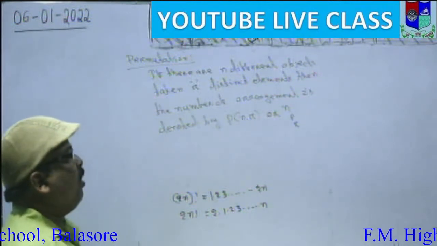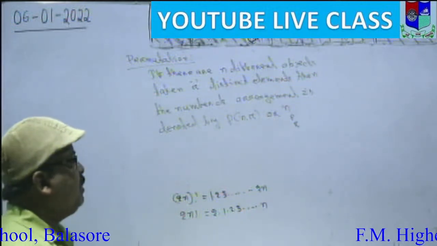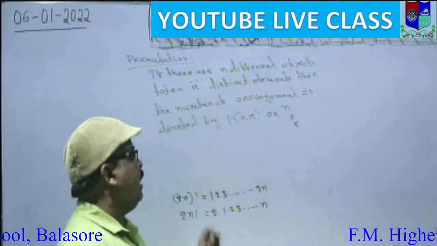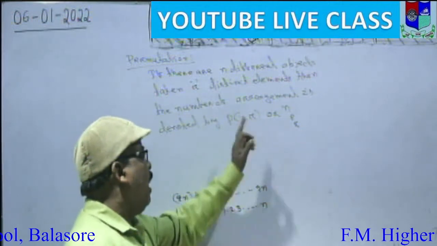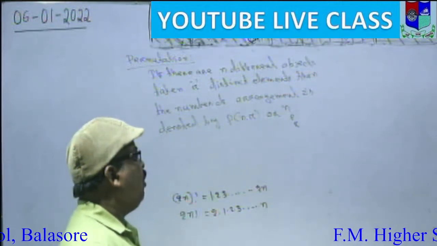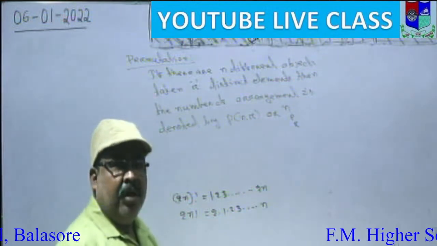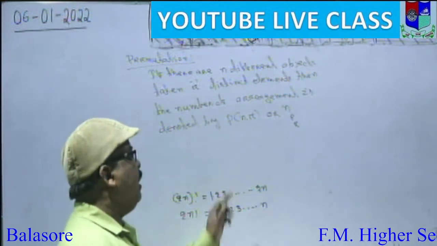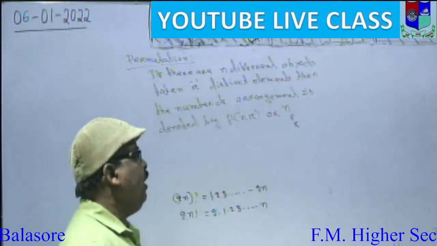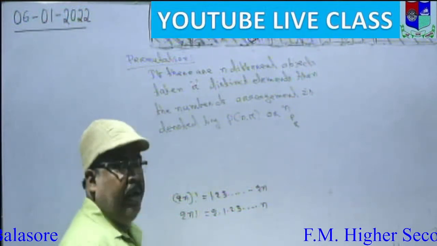So this is the symbol of permutation. It means there are n different objects. We take r at a time, then the number of arrangements is nothing but the number of permutations, and it is denoted as PNR or NPR.